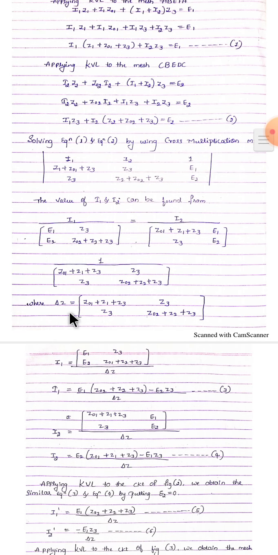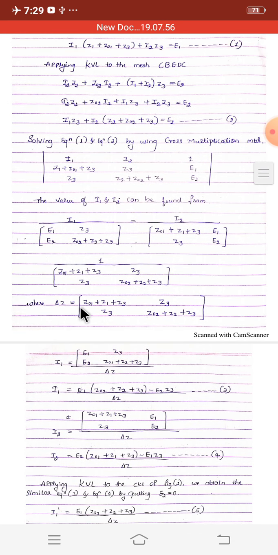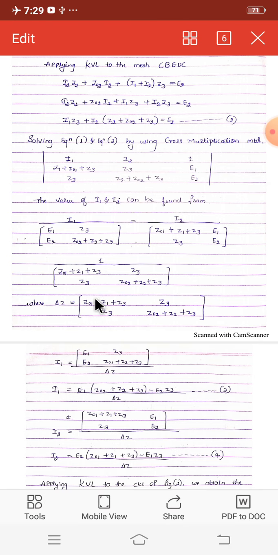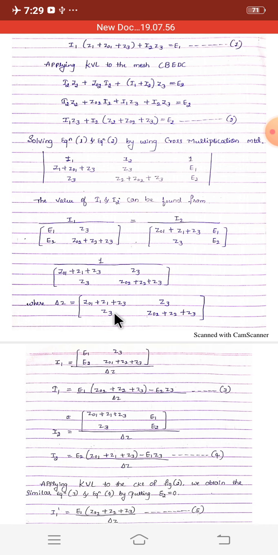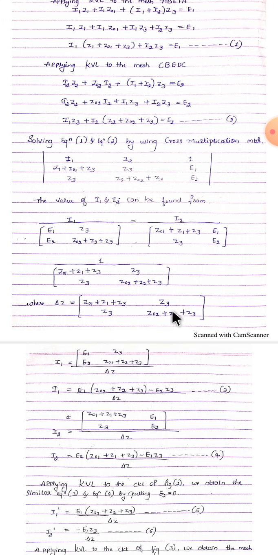Next, delta Z equals, delta Z means the denominator. Consider this as one term: Z01 plus Z1 plus Z3, Z02 plus Z2 plus Z3. Write it as it is.